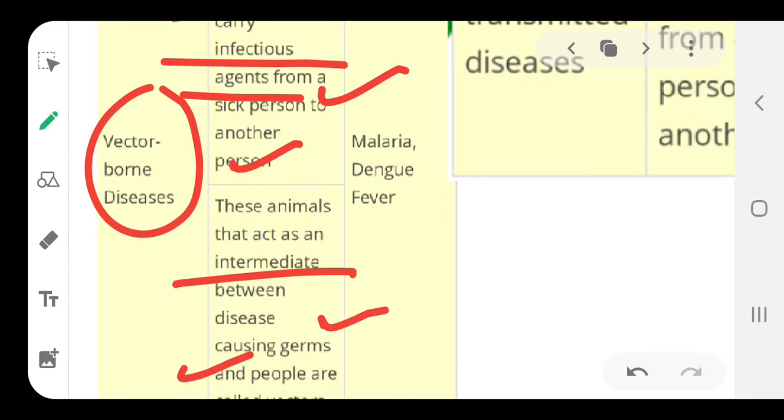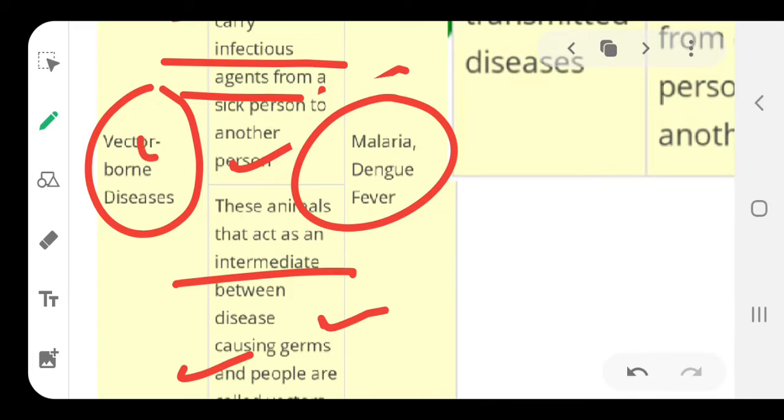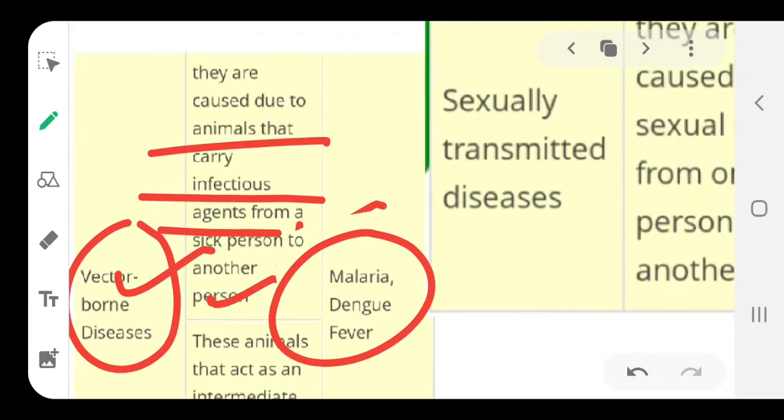So, these agents act as intermediates between the causative agent or the first host and the second host, you can call it. Malaria is one of them, caused by the female Anopheles mosquito, while dengue and all types of fevers come under vector-borne diseases.